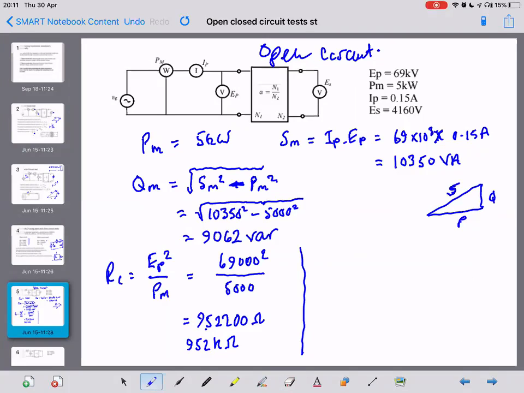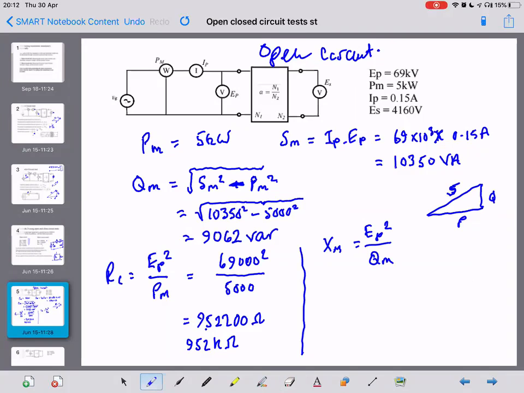All right, and we can get XM, as we said earlier, from EP squared over QM.